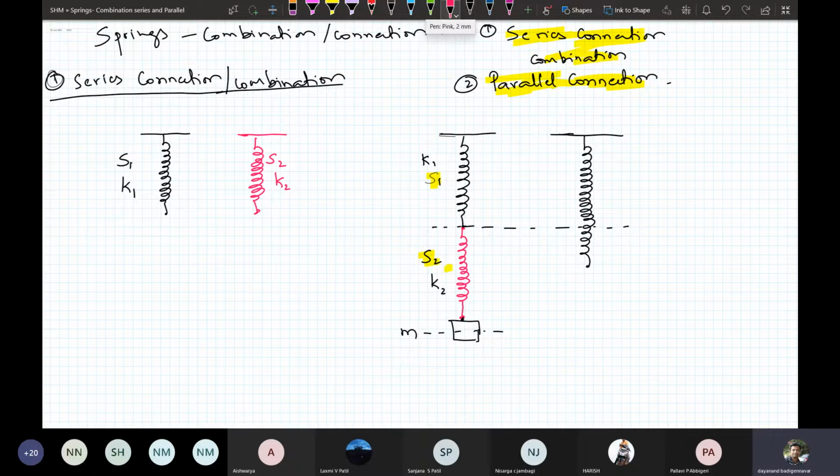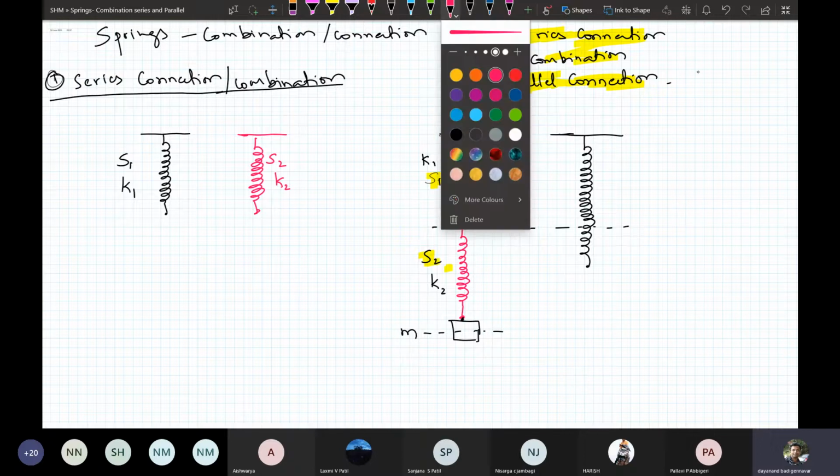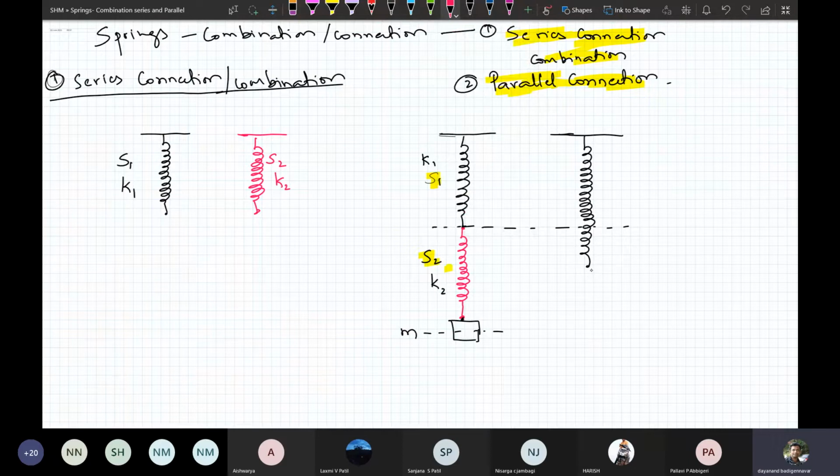Similarly, the second spring also gets elongated like this. This is the second spring now. The mass is here.